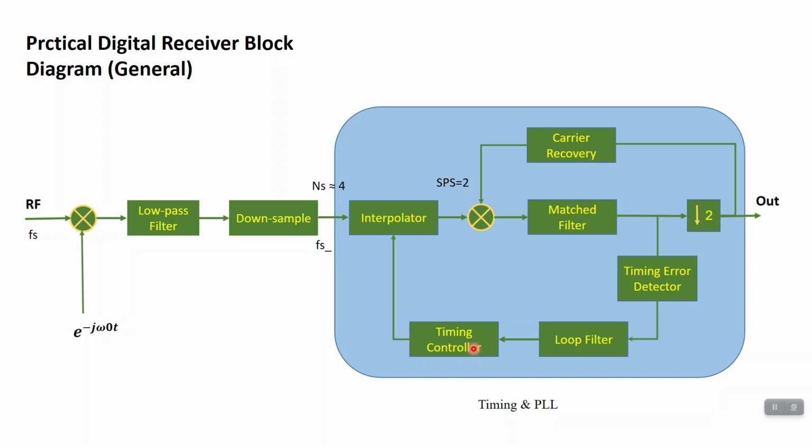The timing controller determines the error value and the exact time of interpolation. In the following, in this branch, by downsampling by a factor of 2, keep one of every 2 samples as output, which is used for the phase.